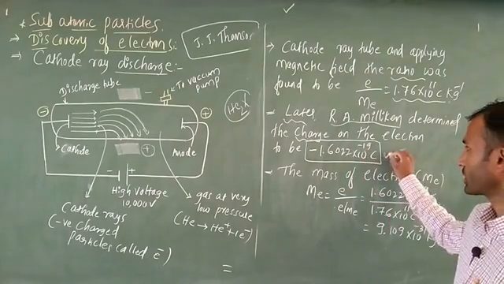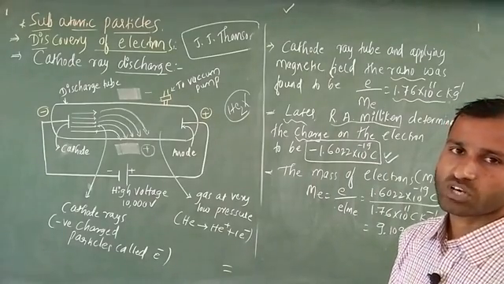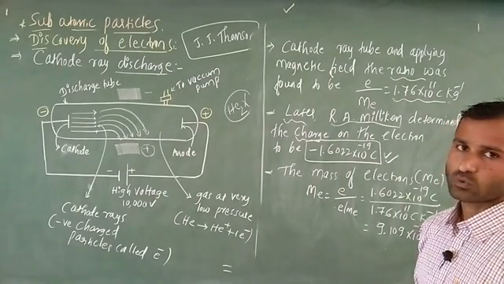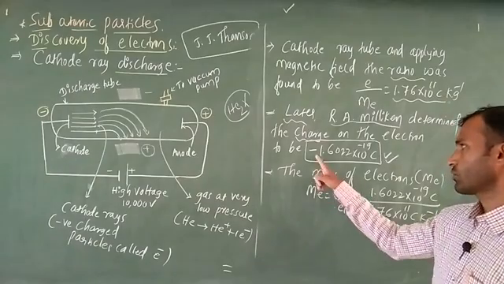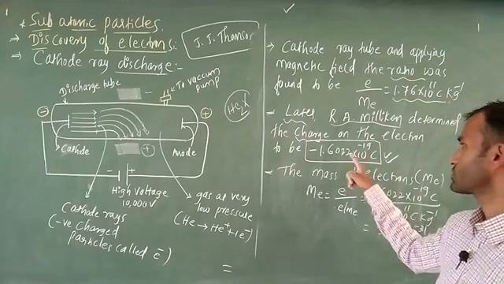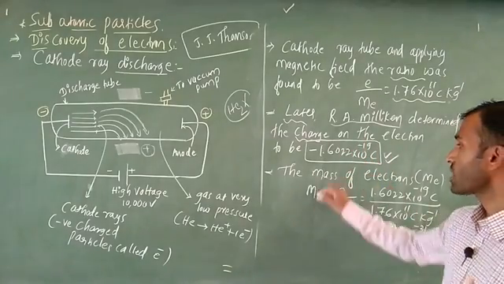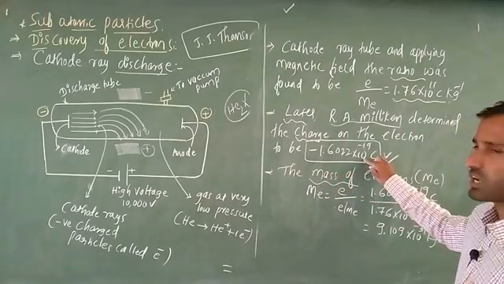This is most important, bear in mind. They are going to ask you a very simple 1 mark question: what is the charge of an electron according to R.A. Millikan? That time you have to write minus 1.6022 into 10 to the power of minus 19 coulomb.